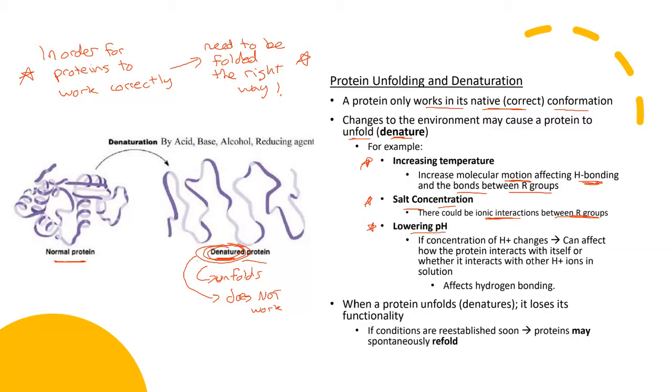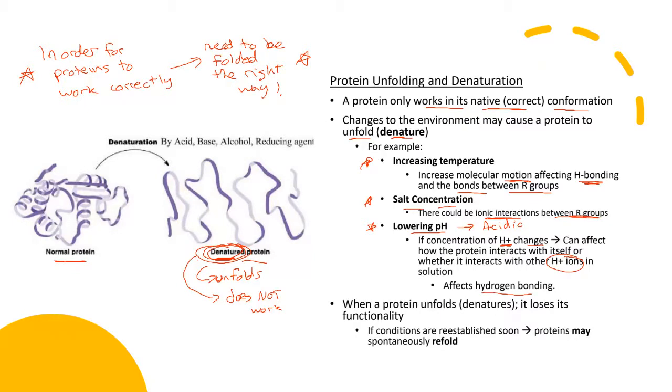Remember, if you lower the pH, you're making the environment more acidic. And if that happens, the concentration of hydrogen ions changes. This can affect how the protein interacts with itself or whether it interacts with the hydrogen ions from the solution or from the acid. So again, it affects hydrogen bonding.